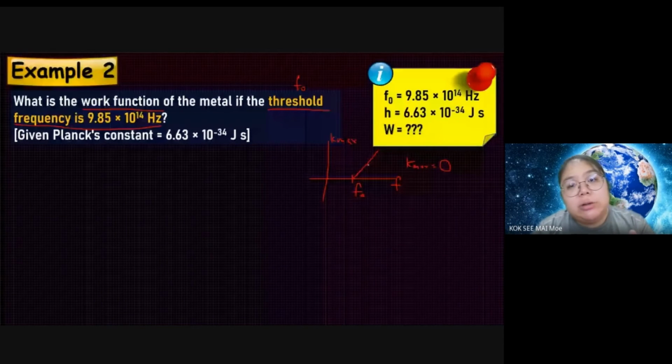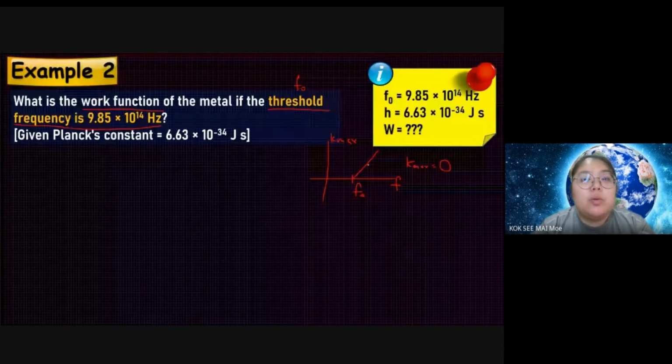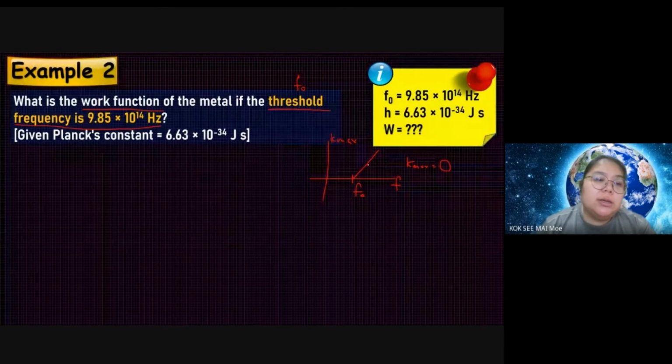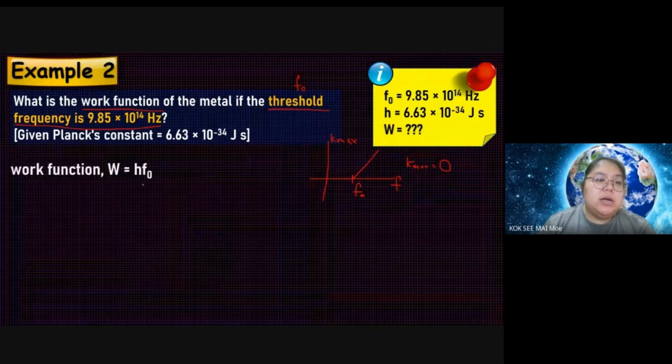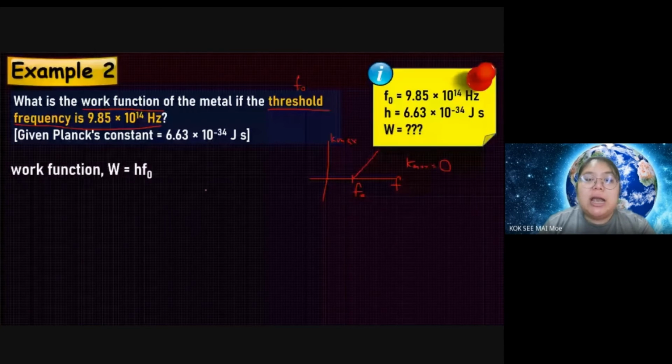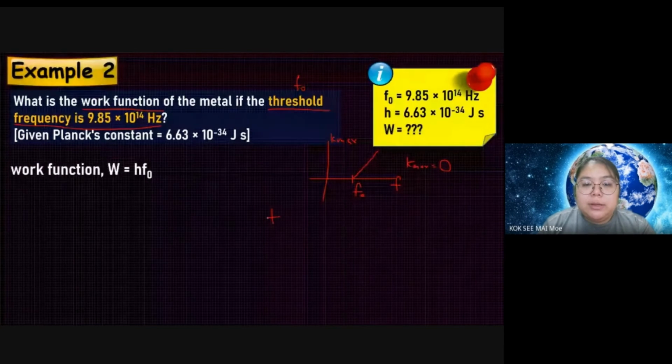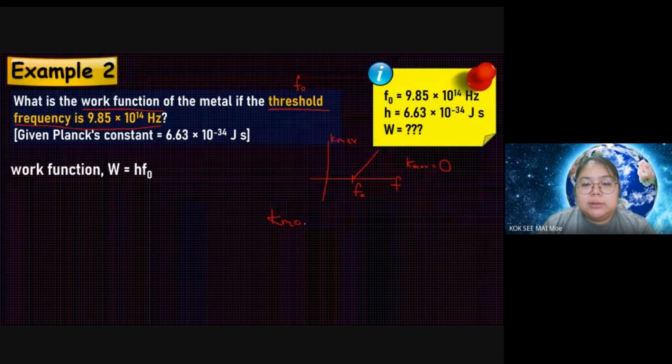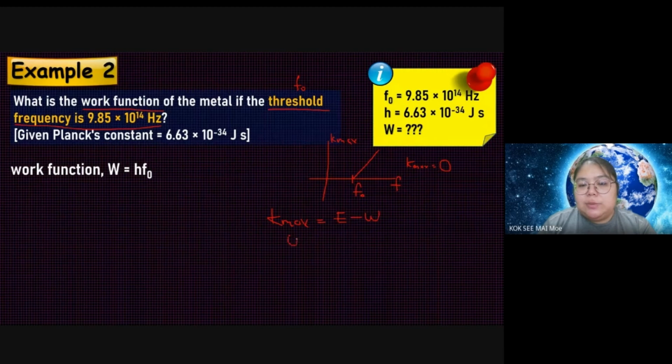Recall the formula from just now, K max equals E minus W. Now the K max is no more, so it becomes 0 already. Straightforward, your formula is W equals hf0.